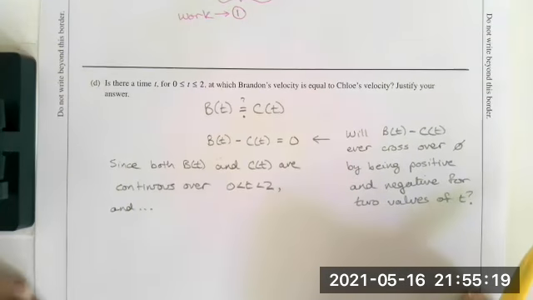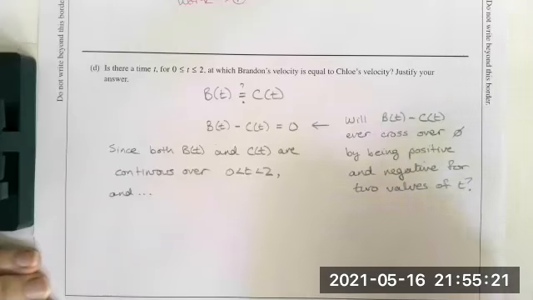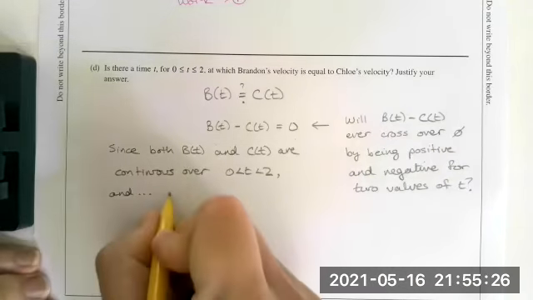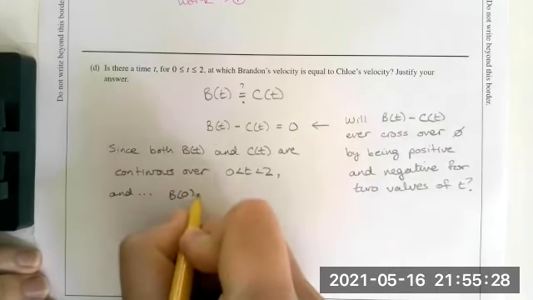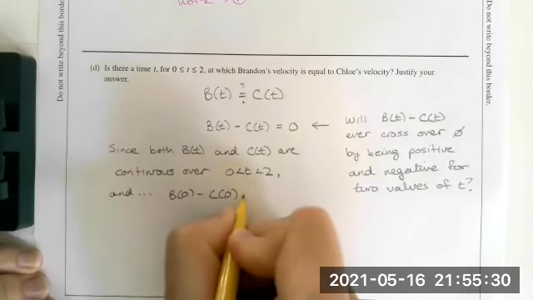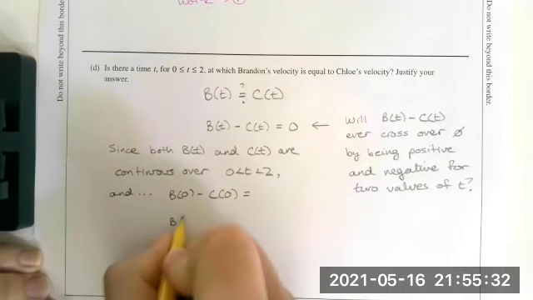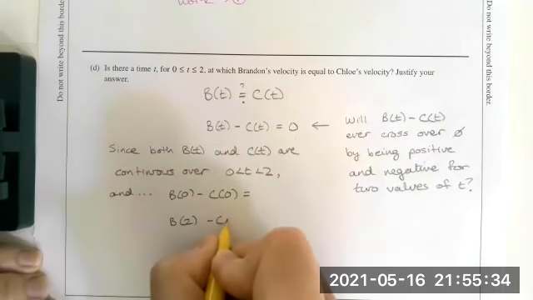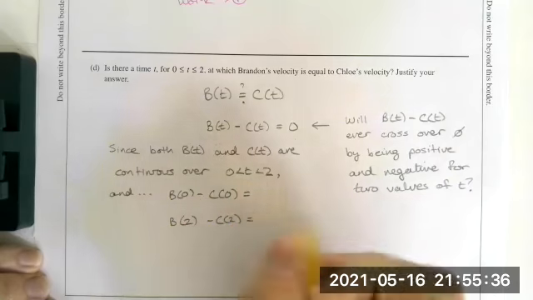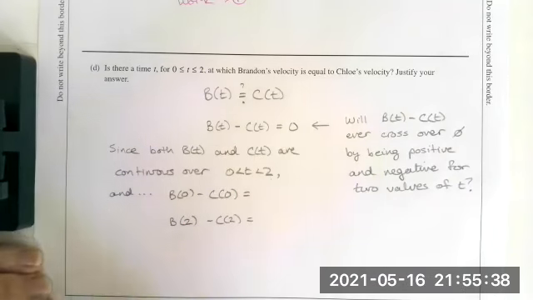Let's see if we can get this to be positive at one moment in time, but negative at another moment in time. I'm going to check B of 0 minus C of 0. I'm going to check B of 2 minus C of 2. Because again, those are the endpoints that I'm checking this value set over.